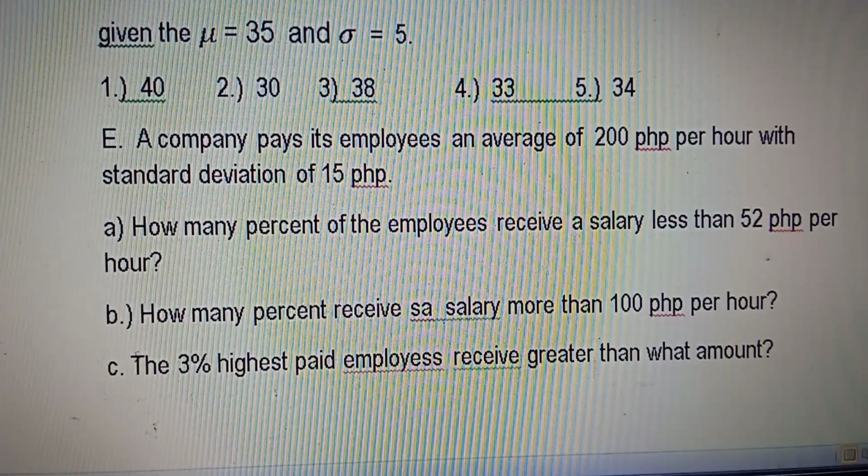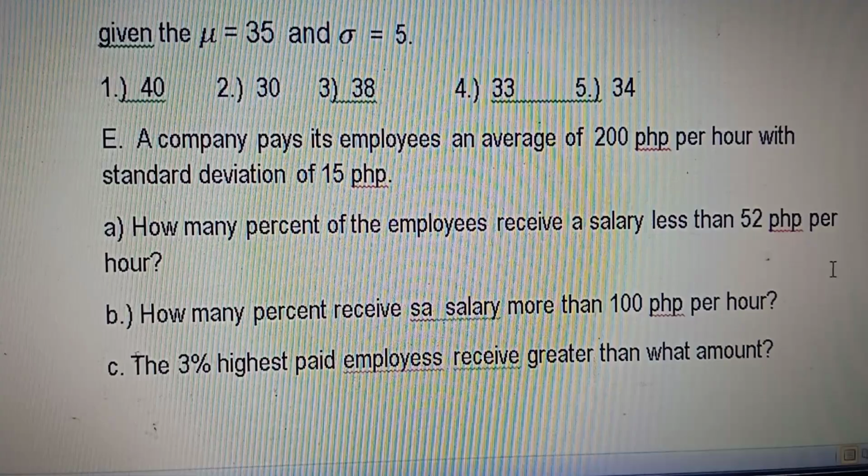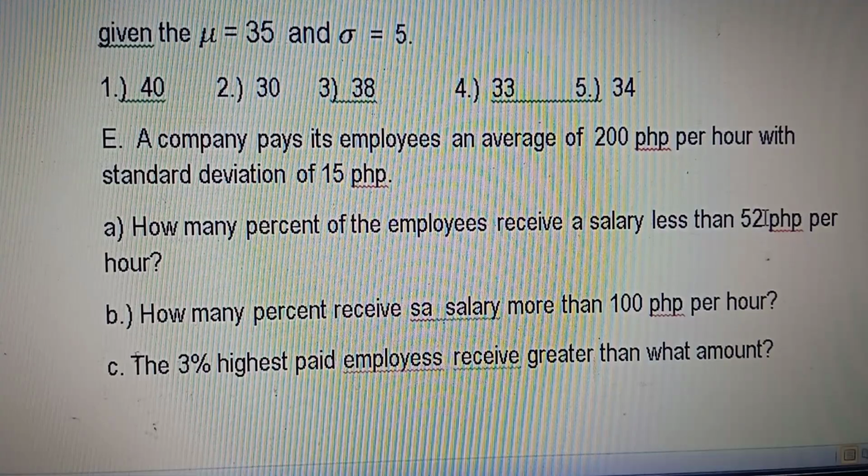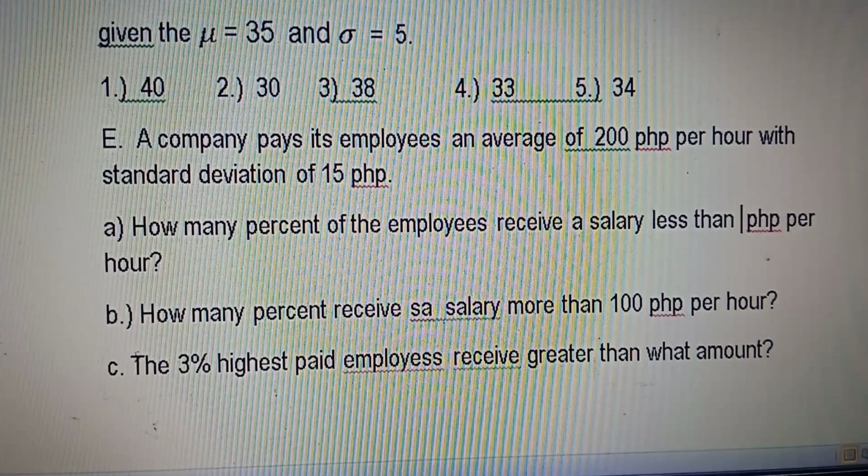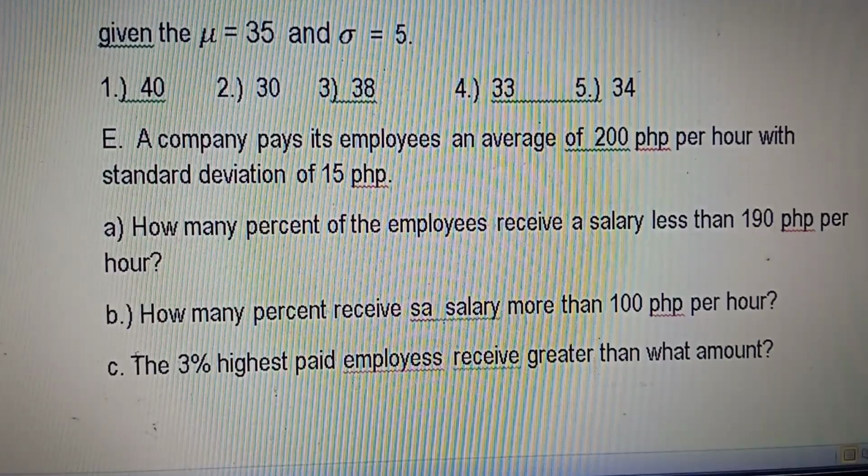How many percent of the employees receive a salary less than 190 pesos per hour?